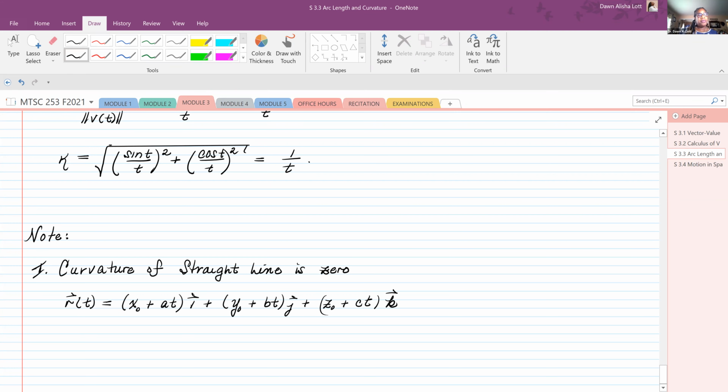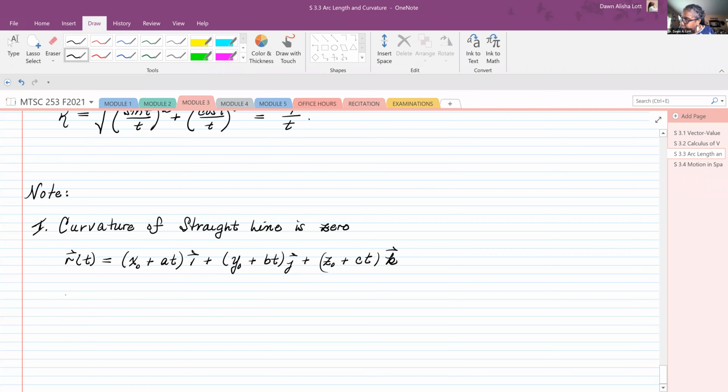Now we need to find r prime. That's simply going to be ai plus bj plus ck. So that's r prime.